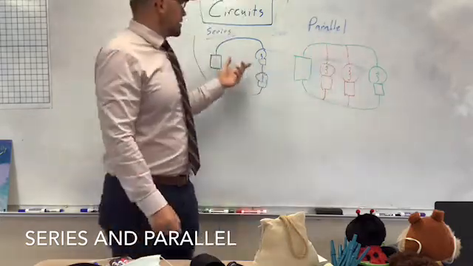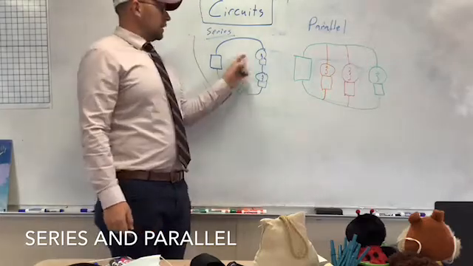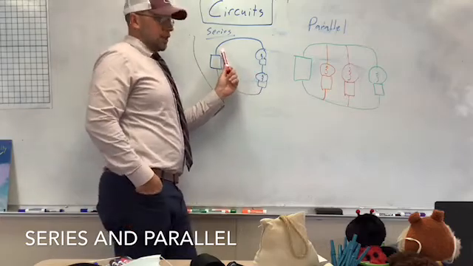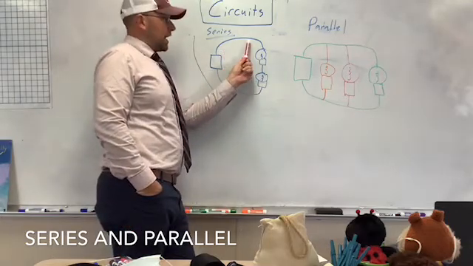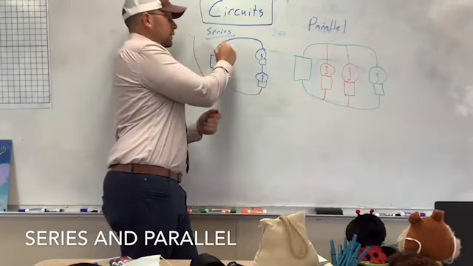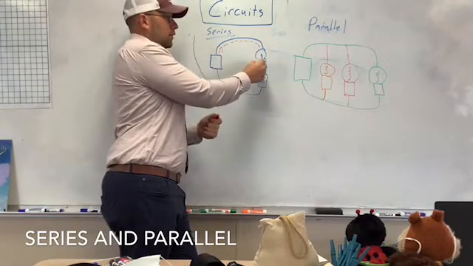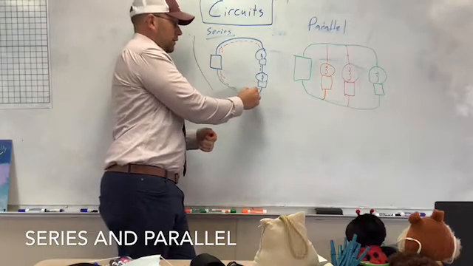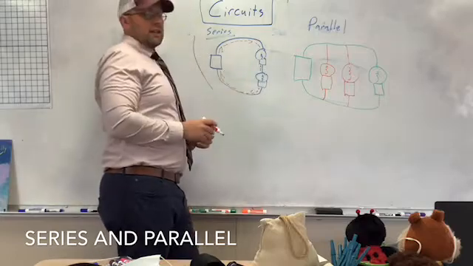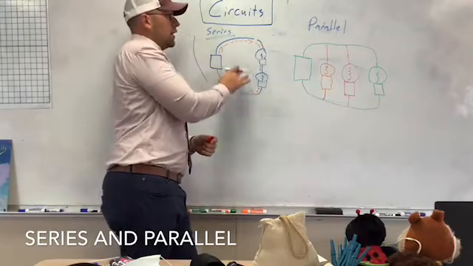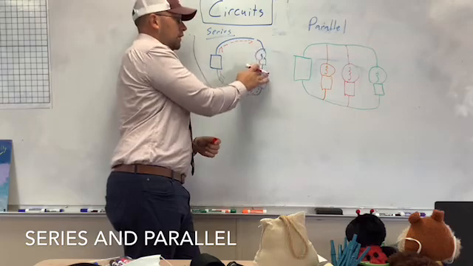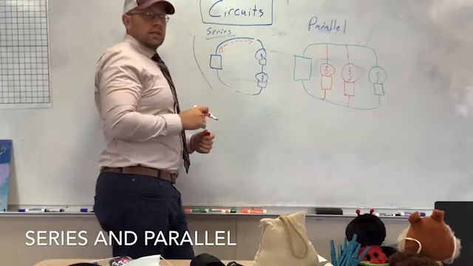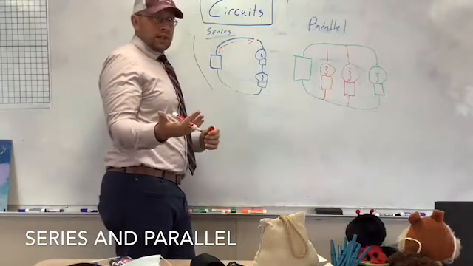So in a series circuit, as you see, these are my light bulbs. Not the best light bulbs in the world, but good enough for what we need. In a series circuit, there's only one path. So if electricity is flowing there, there, to there, all right? There's one path. If I cut the wire right there, all of the electricity stops and both lights go off, because it becomes an open circuit.